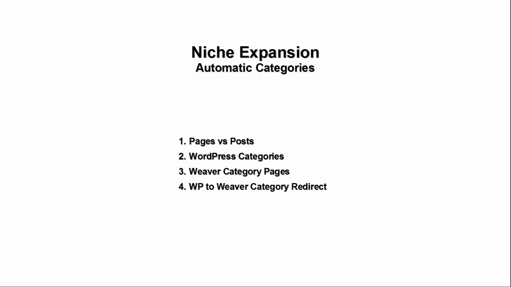Ultimately, this automated category system within WordPress does severely limit the amount of control that you have over your content. However, I have some ways that I've worked around these types of things to be able to still get as much control as possible while still utilizing the automated system.